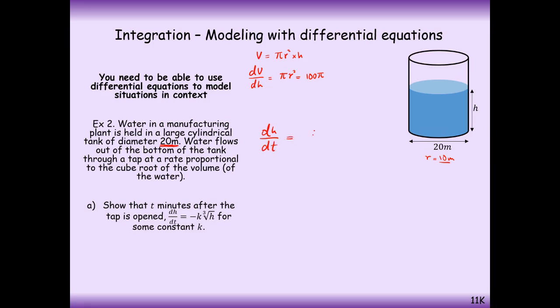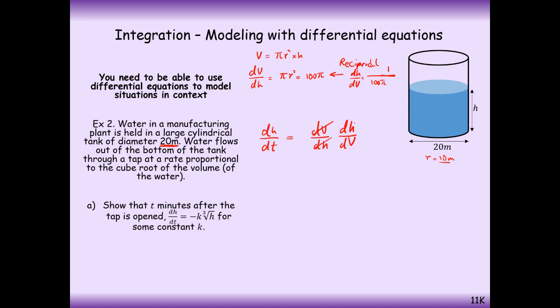Where we have dV by dH, this is not the right way around, is it? We can get dH by dV by taking the reciprocal of this value that we found. dH by dV is simply 1 over 100 pi.